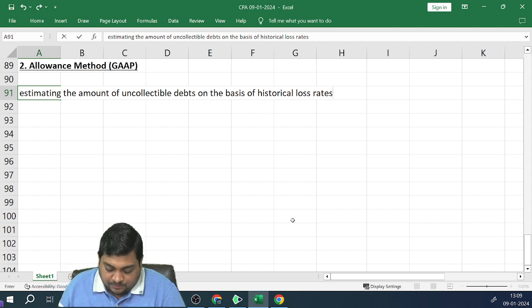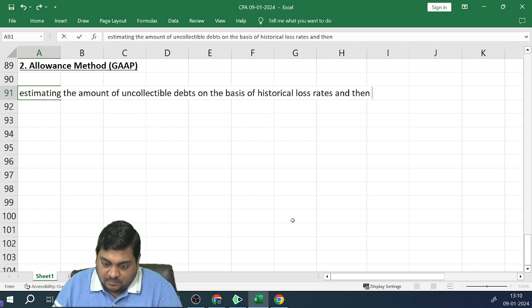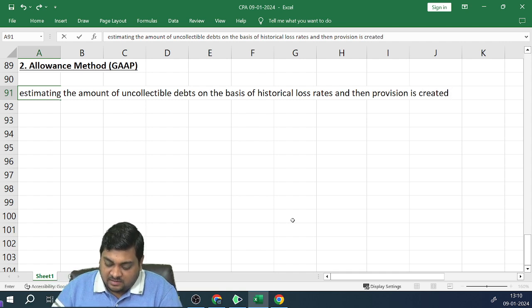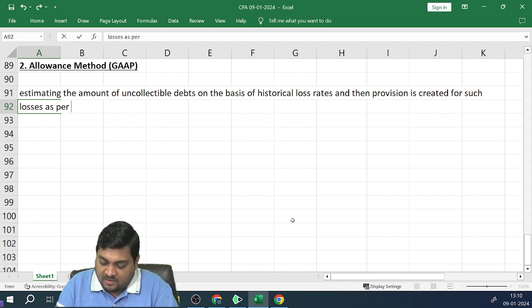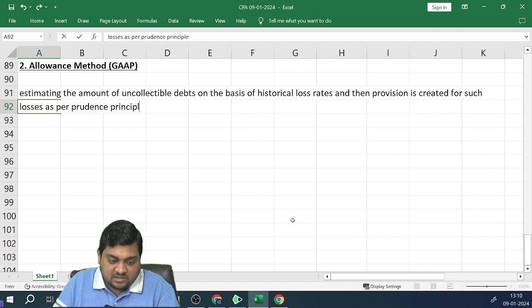And then provision is created for such losses as per prudence principle.